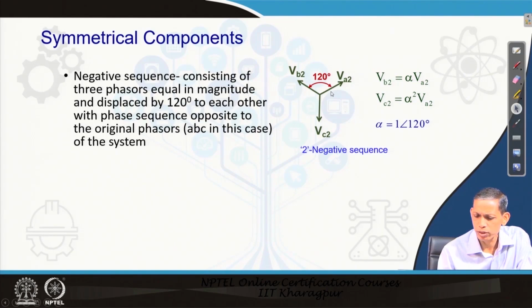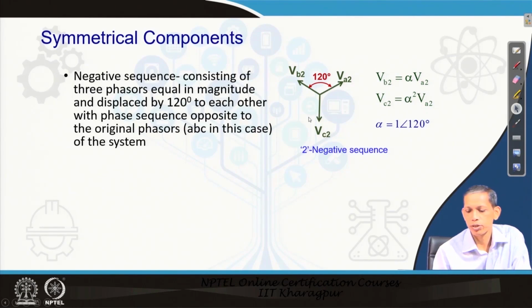Here VA2, where the 2 corresponds to negative sequence, is the negative sequence component of phase A, VB2 is that of phase B, and the negative sequence for phase C is VC2. They maintain 120 degrees with the same magnitude, and the phase sequence is ACB, whereas the system phase sequence is still ABC.